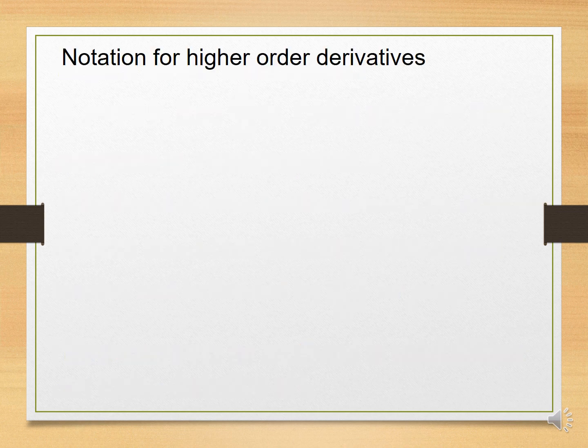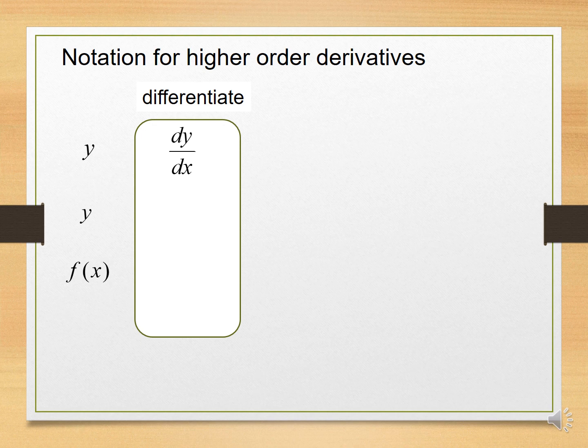Let's see the notation for higher order derivatives. Here we have the y function and f(x) function, and if we differentiate, the notation for y can be written in two forms, either dy/dx or y prime. For f(x), we write it as f prime x.